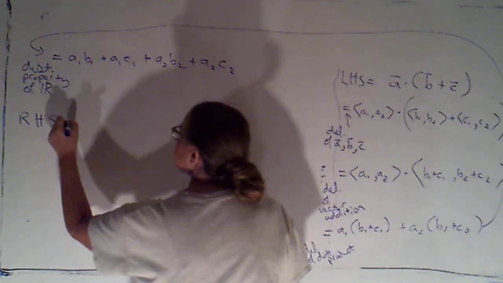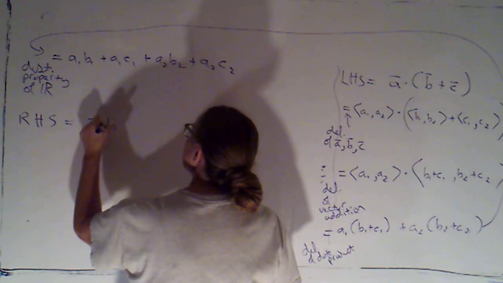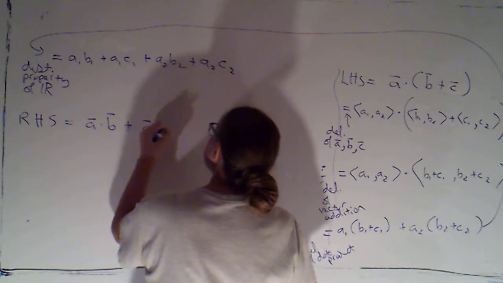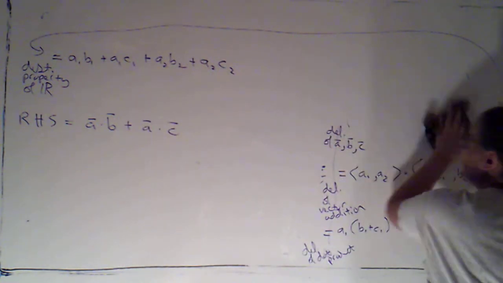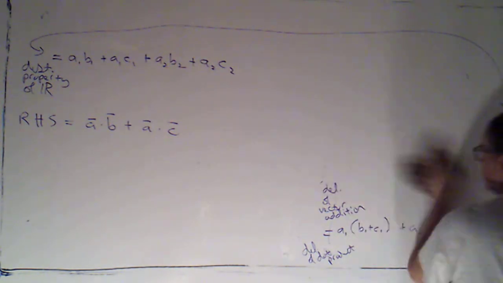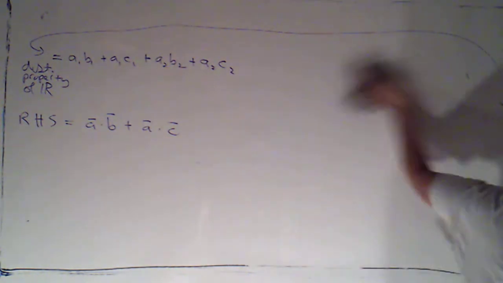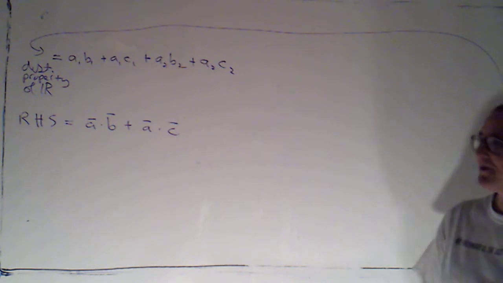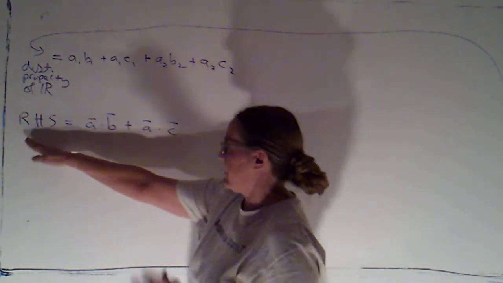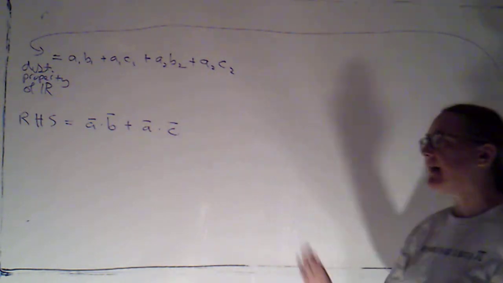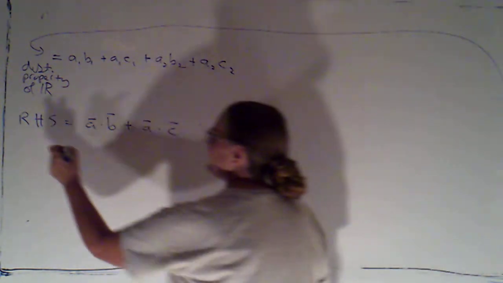So the right-hand side was A dotted with B plus A dotted with C. That was from the original equation that got erased a little while ago. The drawbacks of having a small whiteboard. Okay, so again, I labeled that as the right-hand side. Every other equal sign is going to need justification.